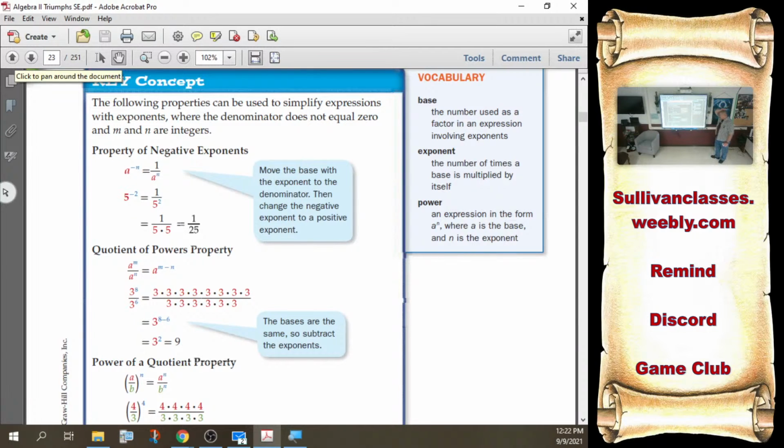Okay. So you got negative exponents, just flippity flop things. That's all they do. Quotient of powers. I want you to think about this. Normally, when I take an exponent raised to an exponent, we downshift it and we multiply.